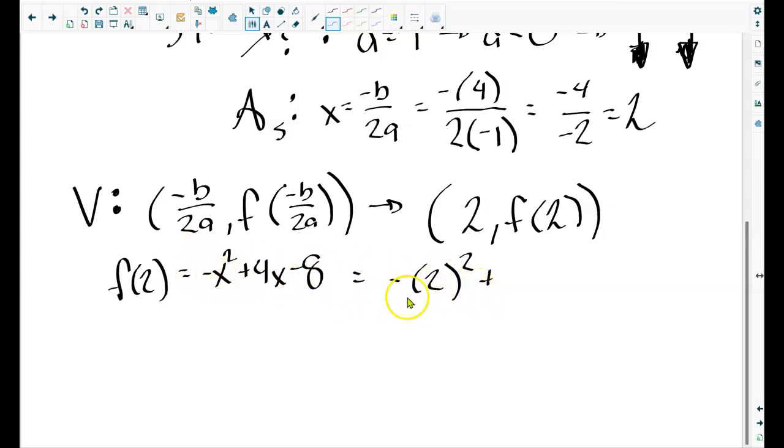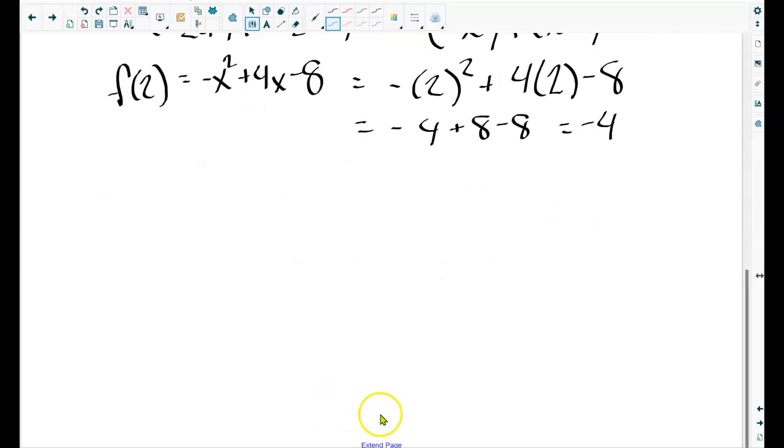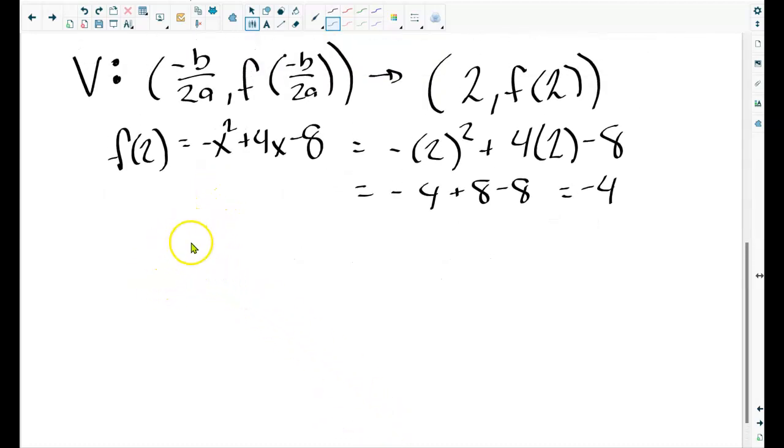Okay, here's a negative, x is a 2, the square. Now I get the 4. I'm going to substitute. And here we can jump the gun, so this would be -4, right? PEMDAS would tell you to do the exponent first and then multiply the negative. +8 minus 8, which is -4. Alright. So then in all actuality we have 2, -4 as the vertex.